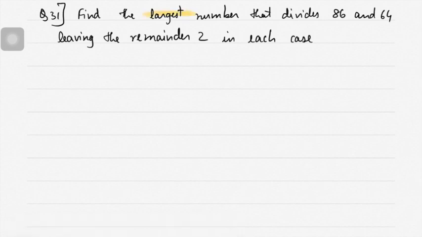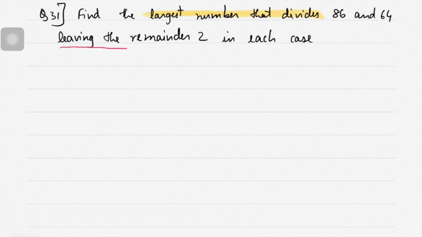Okay, find the largest number that divides. When I say largest number that divides two numbers, that means they have asked you to calculate factors. Correct? Largest number means highest common factor is asked.